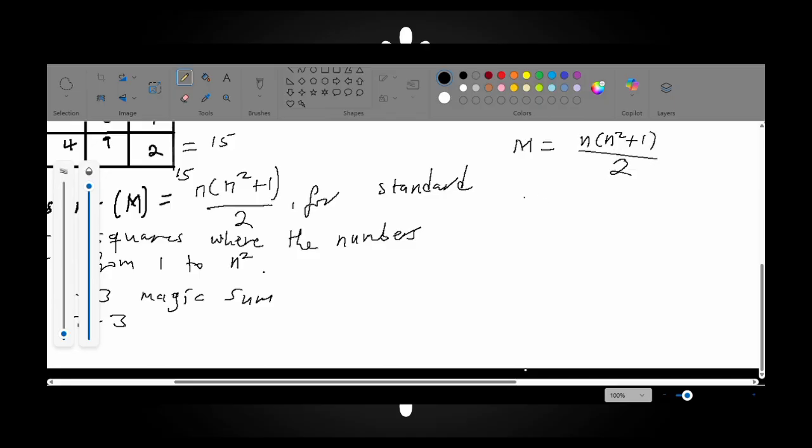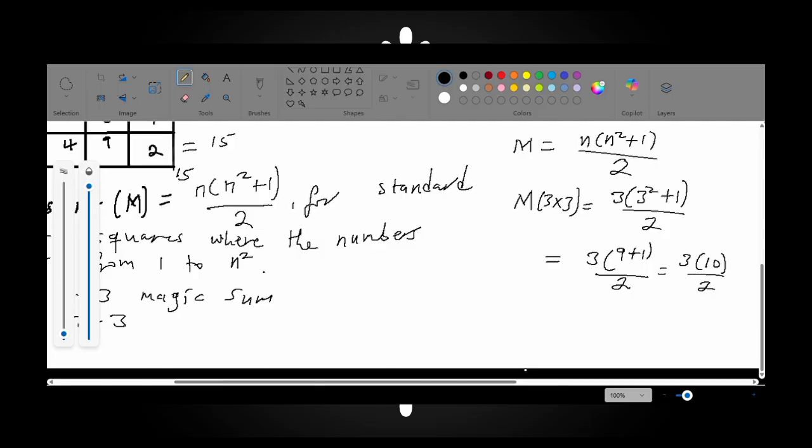So our M of the 3 by 3 is going to be equal to, our n is 3, right? So we're going to have 3, then n squared, that's 3 squared, plus 1, all over 2. And 3 squared will give us what? 9 plus 1, all over 2. And we're going to have 3. 9 plus 1 will give us 10, all over 2.